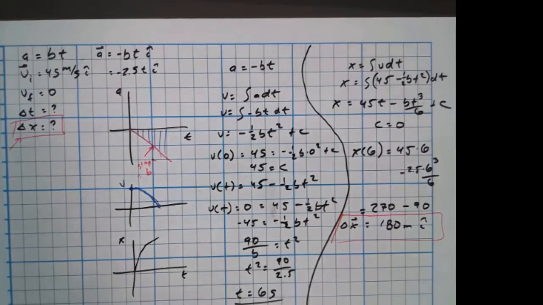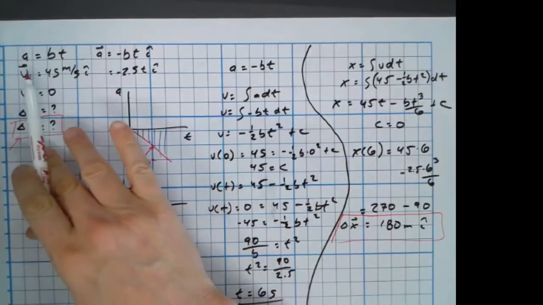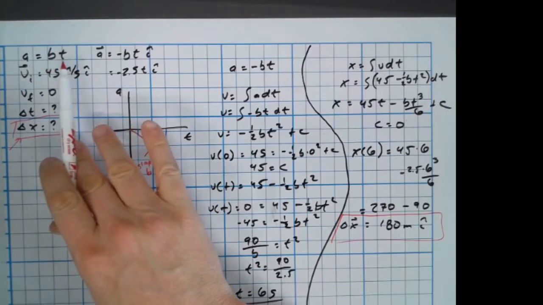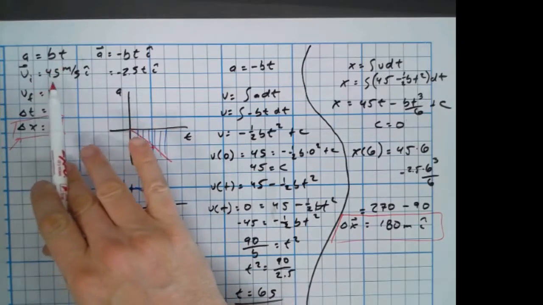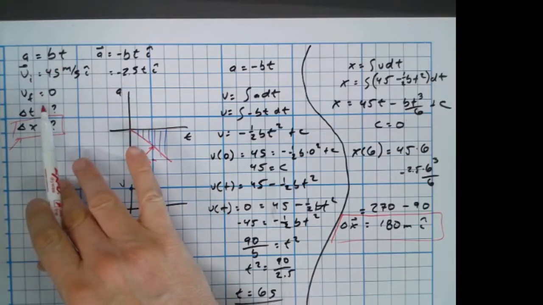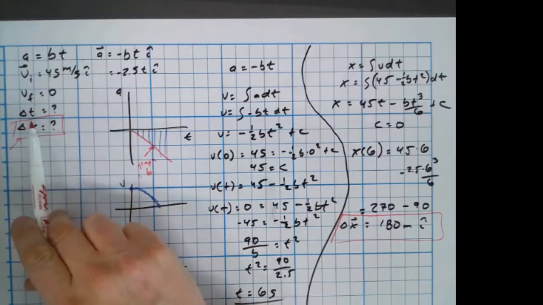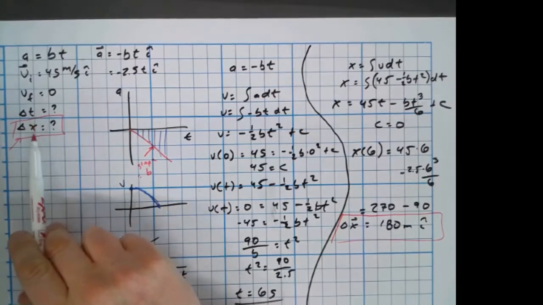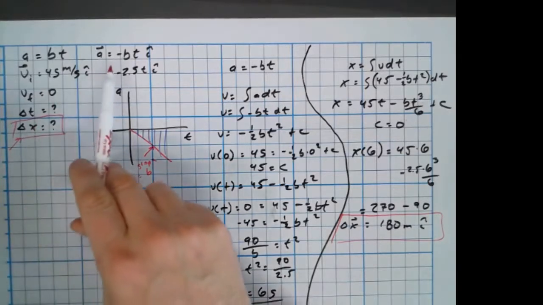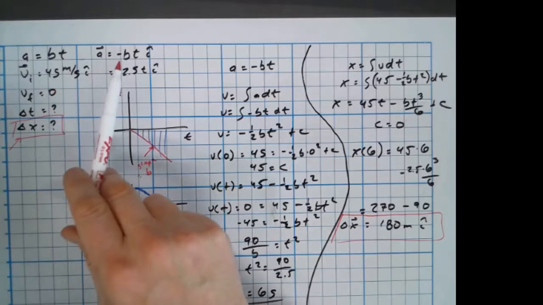So keys here, I've got an acceleration function that's not constant, it depends on the time. I've got an initial velocity, 45. I've got final velocity is 0 because I know it's stopping. I don't know the amount of time it takes. I don't know how far it goes. The acceleration vector is actually negative because the initial velocity was positive and it's slowing down.